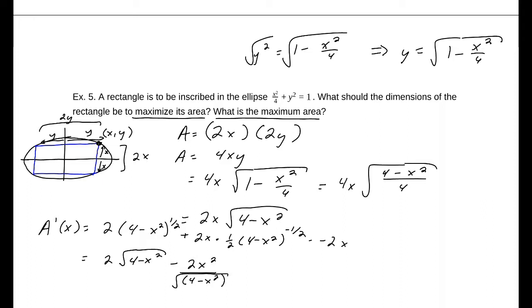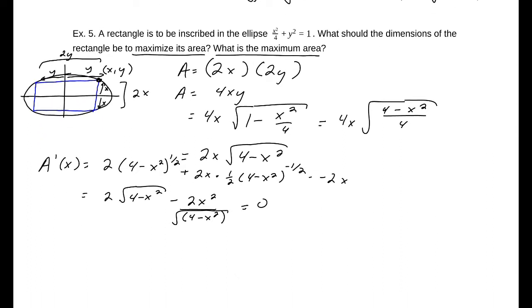Okay, now if we set that equal to 0 and then clear our fractions, if we multiply by the square root of 4 minus x squared, we get 2 times 4 minus x squared minus 2x squared equals 0.